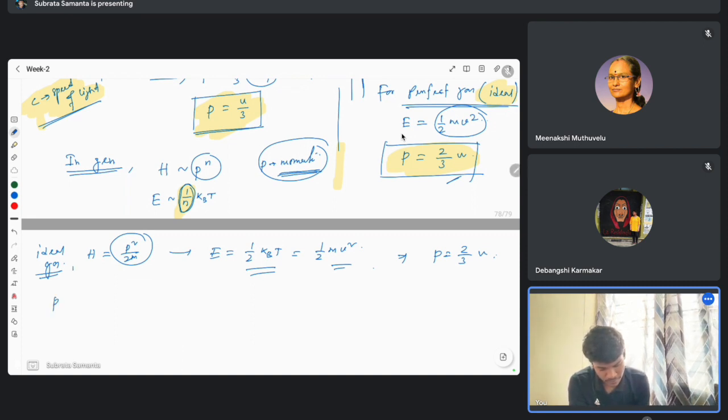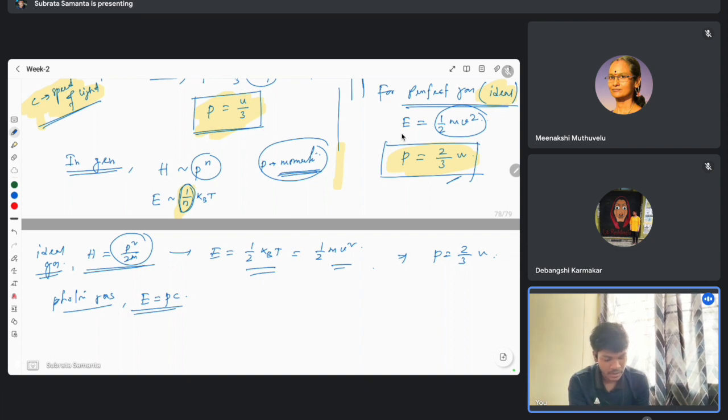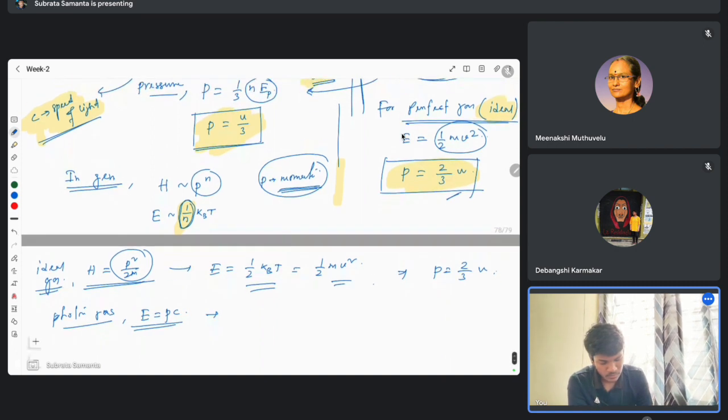Now for photon gas, for relativistic gas, this equation is not valid. E equals p square by 2m is not valid. So for photon gas, I write the energy E equals p. So it depends on p to the power 1, and this energy is just the Hamiltonian. So from this case, we get E equals p equals, let's say, mc, so mc square. Then you know that p equals mc for relativistic.